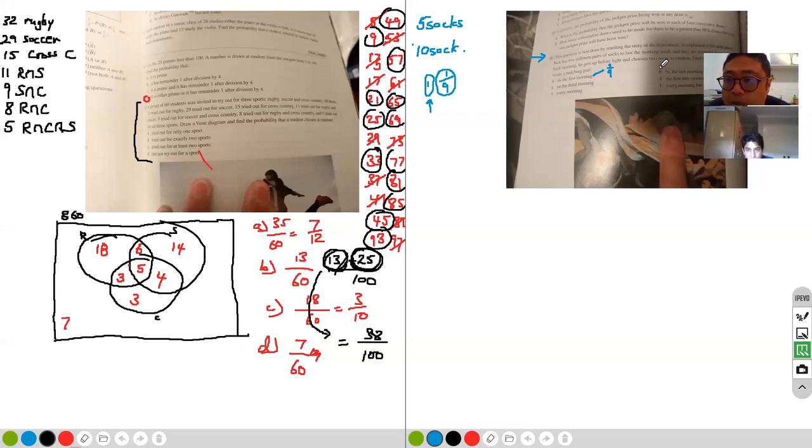So what's the chance that they're the same? How would you put this in a diagram?